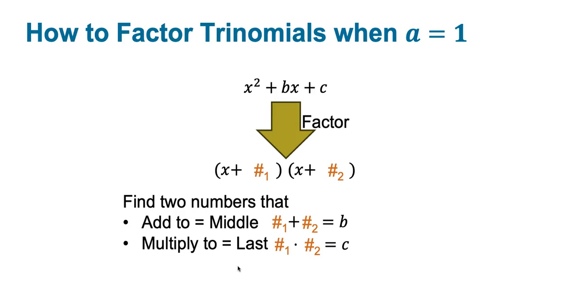I go into this in more detail in my previous video. So for trinomials with a equals 1, this is the strategy we use. We draw two sets of parentheses with x as the first term for each, and then we have to find two numbers that satisfy these conditions.